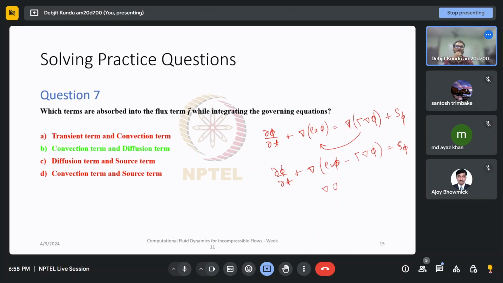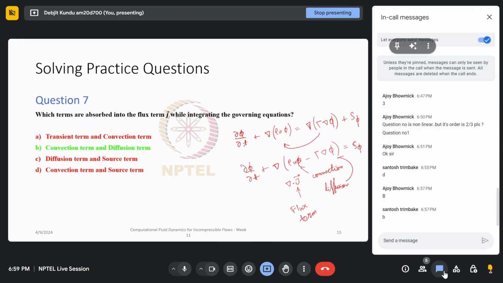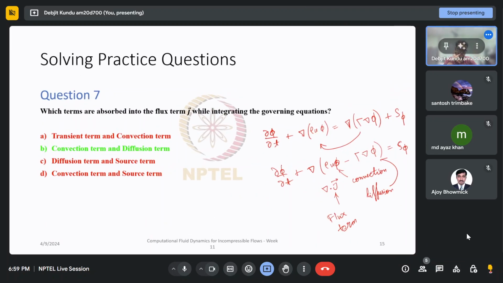So this I can now call as grad of J. The convection term and the diffusion term both give rise to the flux term. Any questions on this? This should be an easy one.